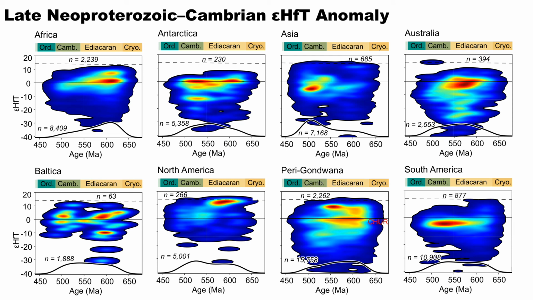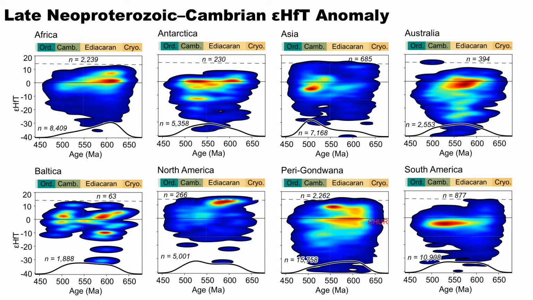And so if we zoom in on that small time interval there, what we see is that negative isotopic excursion is absent in both Baltica, North America, and much of Asian paleocontinents.